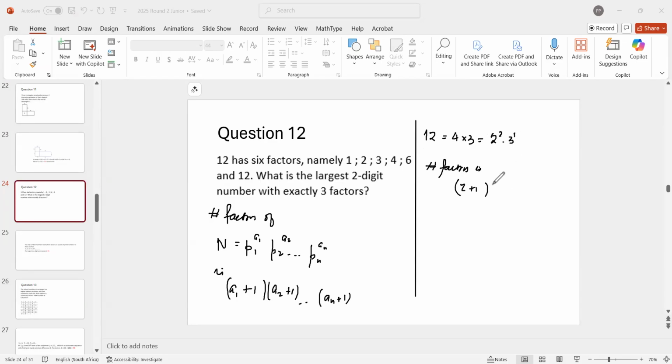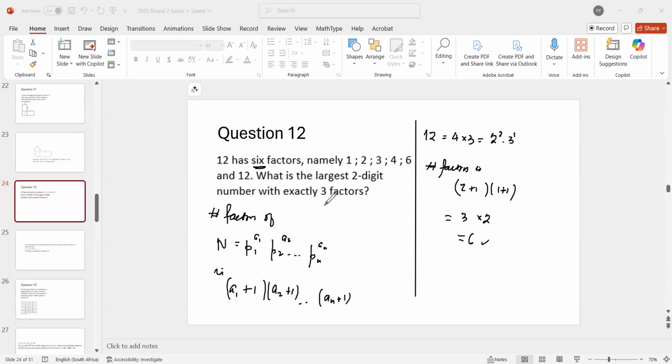Here the other index is 1, so it's 1 plus 1. That's 3 times 2, and that is 6. So you can see 12 has 6 factors. That is right, so you see it works here.